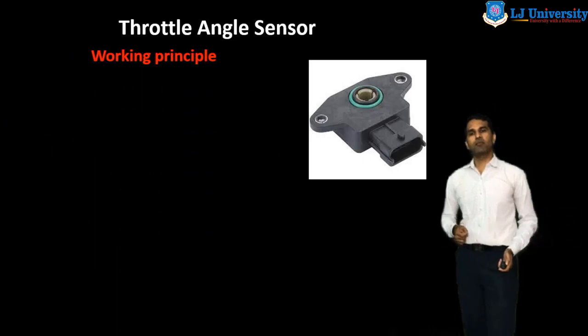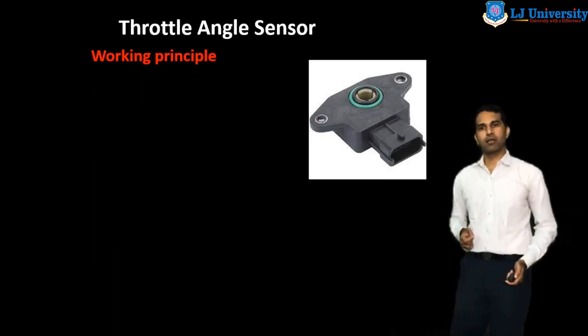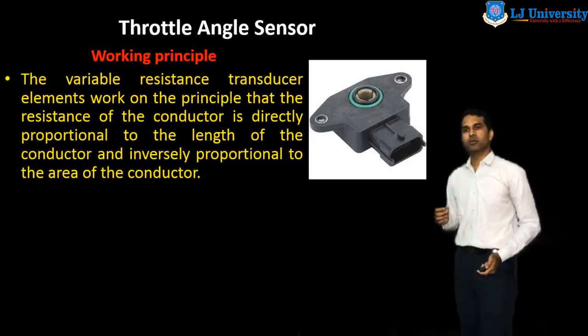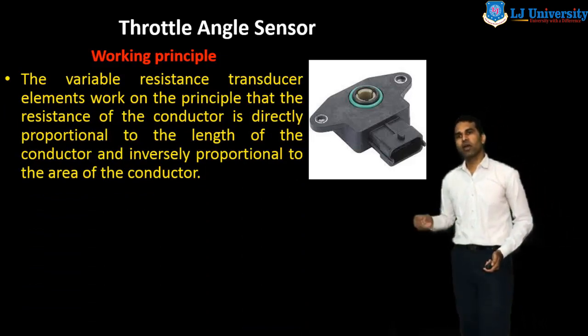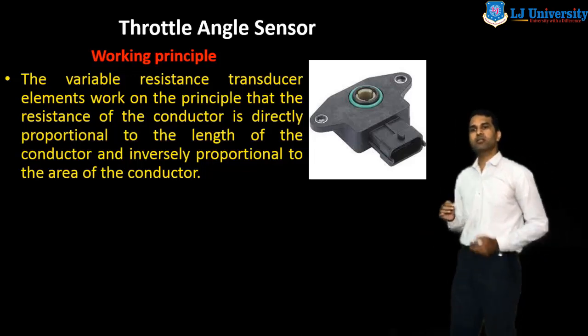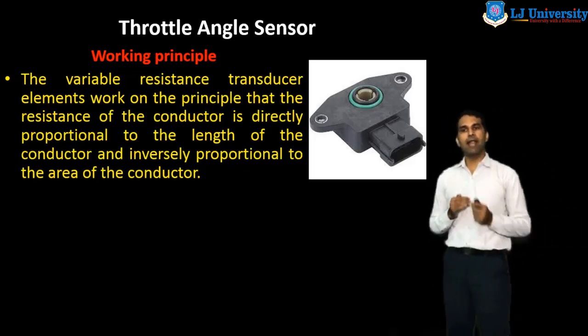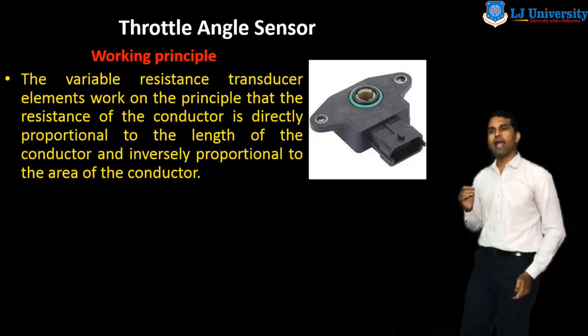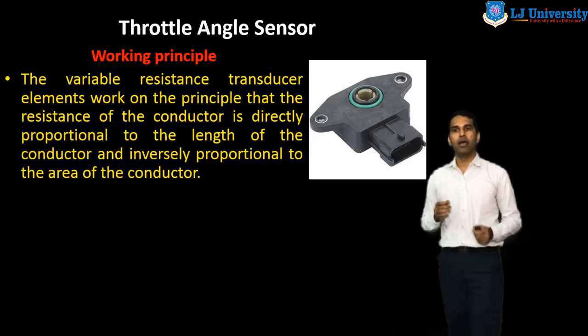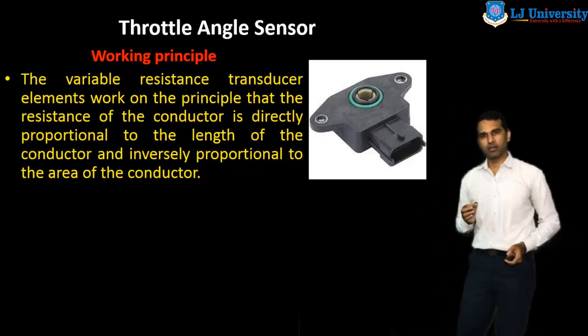Now we discuss the working principle of this throttle angle sensor. So the variable resistance transducer element works on the principle that the resistance of the conductor is directly proportional to the length of the conductor and inversely proportional to the area of the conductor.